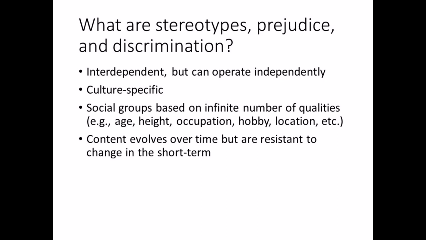The content of stereotypes varies from culture to culture. Starting in childhood, we learn the stereotypes associated with social groups, which are informal collections of people with something in common. And each of us belongs to many groups.